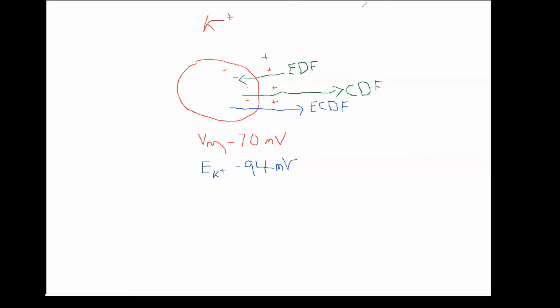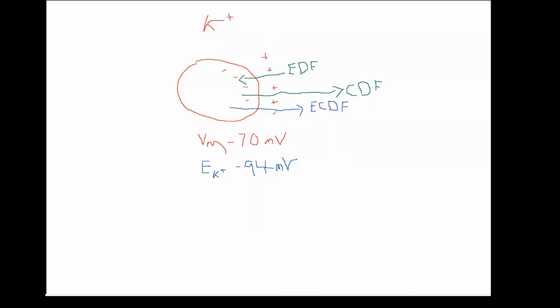Okay. Are those two numbers, like -70 and -94, supposed to add up to a specific number, or are they just specific to potassium in this example? They're specific to this example and specific to potassium. So we're not going to need to add these together or subtract them, but we want to compare which one's bigger and which one's smaller, because that tells us something about the relationship of these forces.